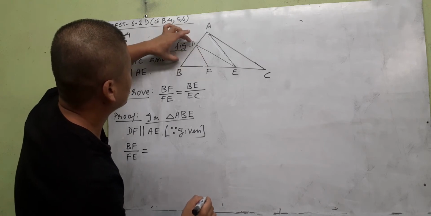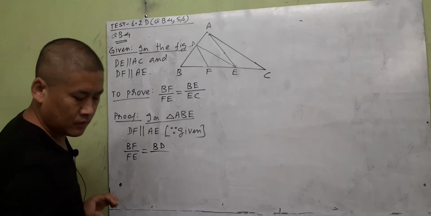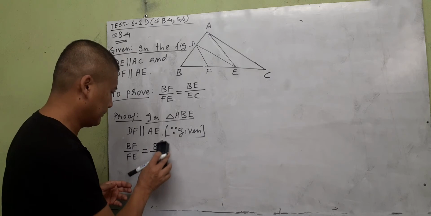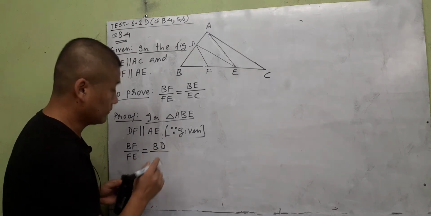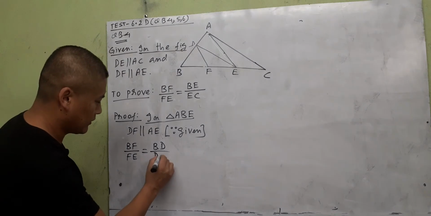BF, in the numerator, corresponds to BD, by DA. You can write AD or DA.